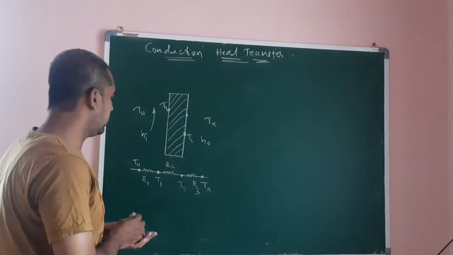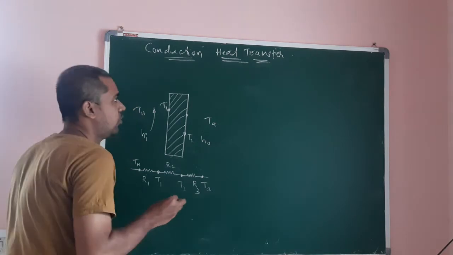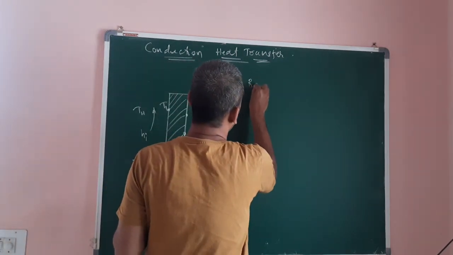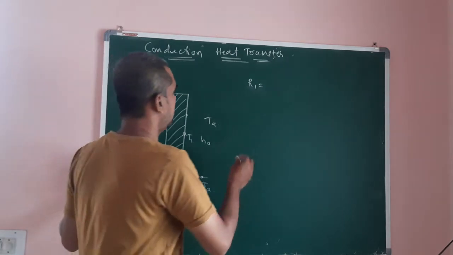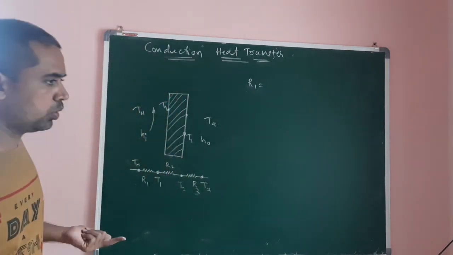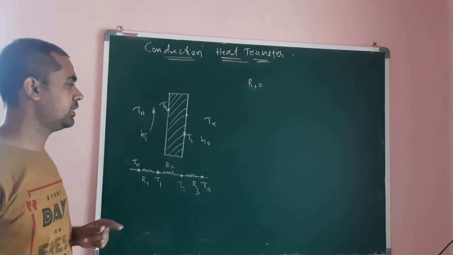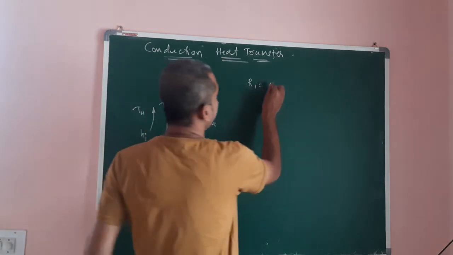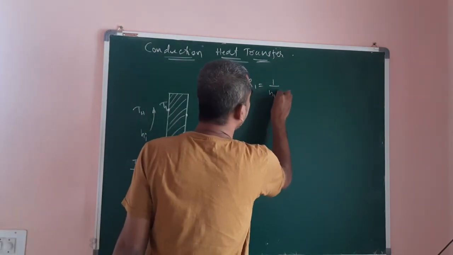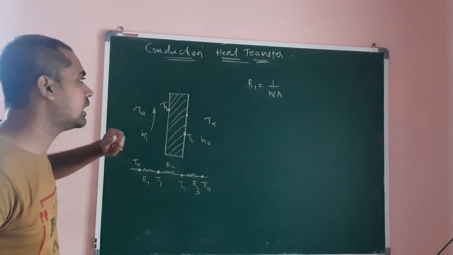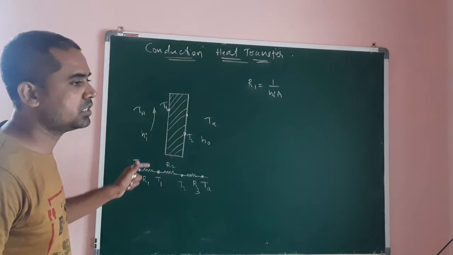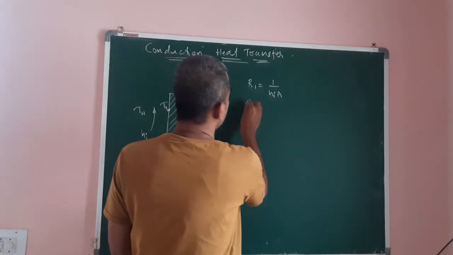Here, how to calculate R1? As I have told previously, by Newton's law, which we have just now discussed, R1 is equal to 1 divided by HI into A. R2 is a conduction heat transfer thermal resistance, the thermal resistance to conduction.